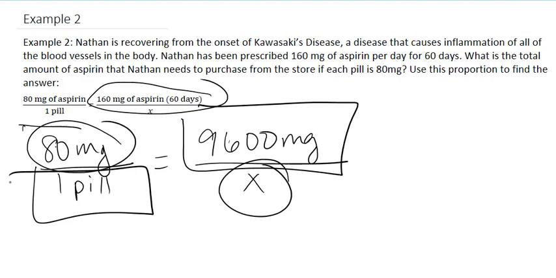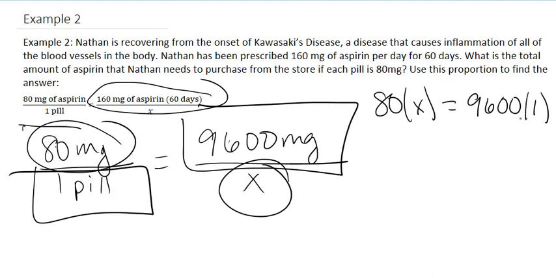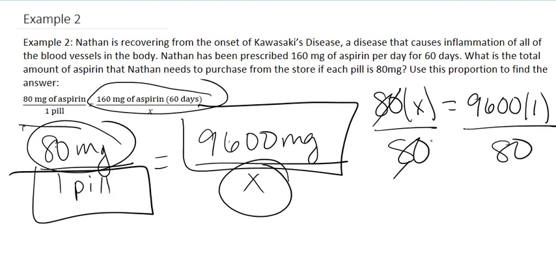So we would go 80 times x is equal to 9,600 times 1. So then we would divide by 80 on both sides, so we get x by itself.